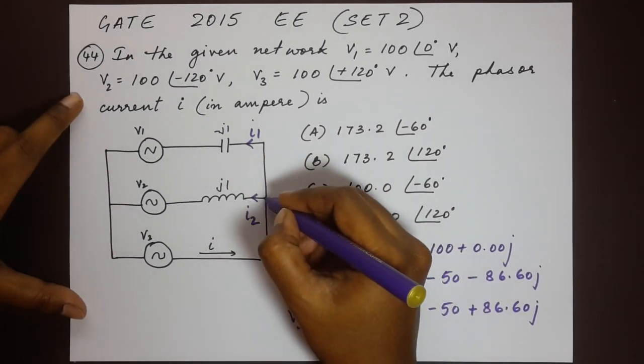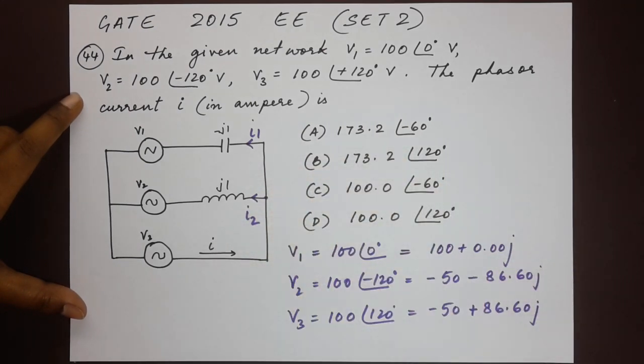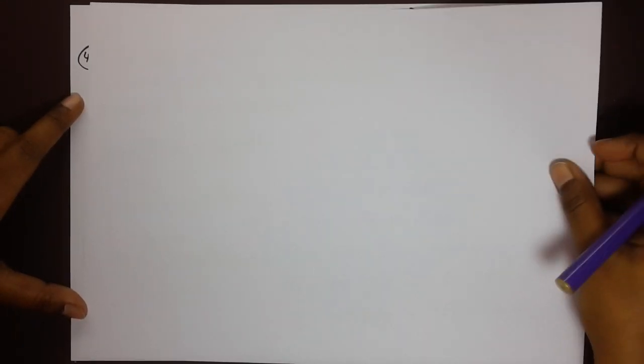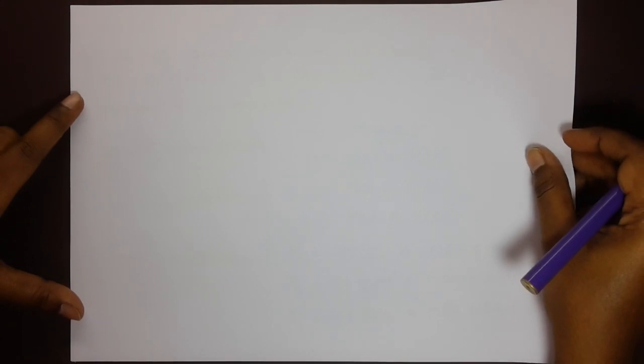If we are to use KCL, the sum of the incoming currents equals the sum of the outgoing currents. So in this case, let's first find the individual values of I1 and I2 and then add them up, which will give us the value of I. Okay? We'll begin by writing down the value of I1.